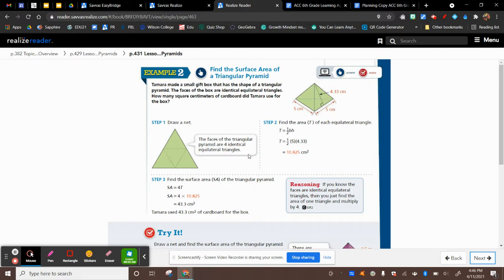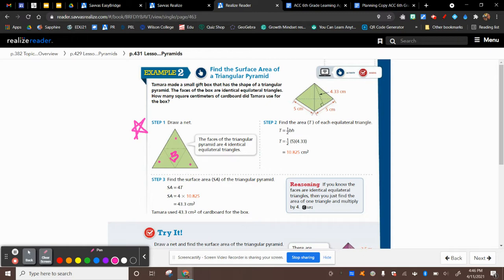So for this example, again, we can draw a net. This is the base, and then we flap open the sides and they lay down. So there are 3 faces and 1 base. The faces of the triangular pyramid are 4 identical equilateral triangles. So step 2, find the area of each triangle.